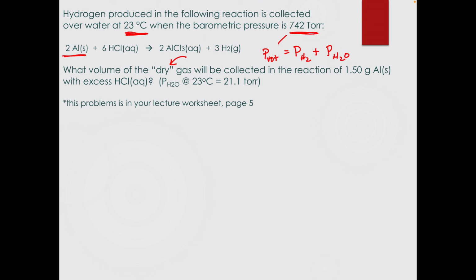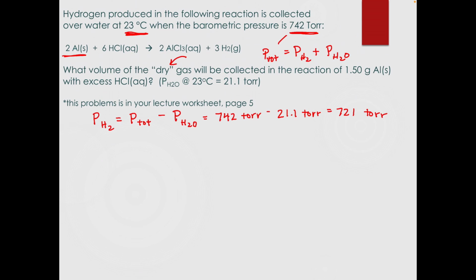To figure out the pressure due to just hydrogen, we can do some subtraction because our pressure of hydrogen will equal our total pressure minus the partial pressure of our water. So 742 torr minus the 21.1 torr that was given in the problem gives us 721 torr. And that's going to be our pressure just due to hydrogen.